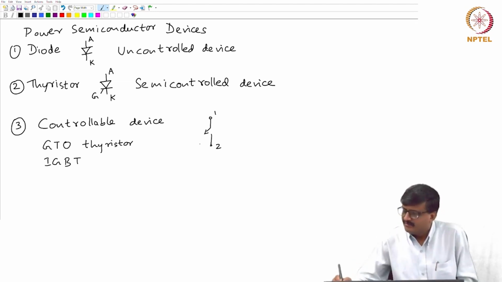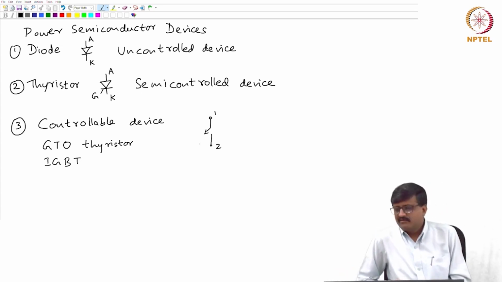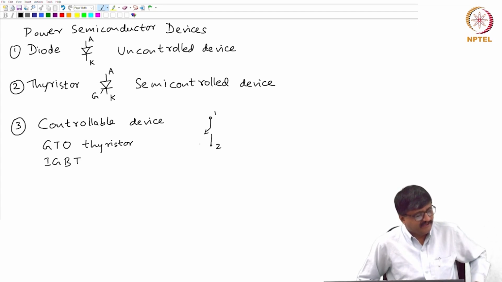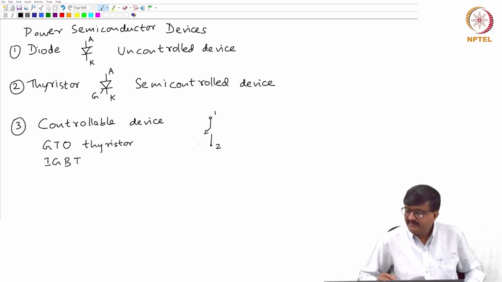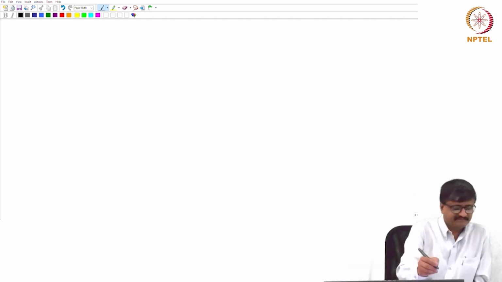Okay. Now we will first start with line commutated converter. Before going to the purpose of having such a name, or getting into the details of the operation of the converter, let me say a few things about thyristor.